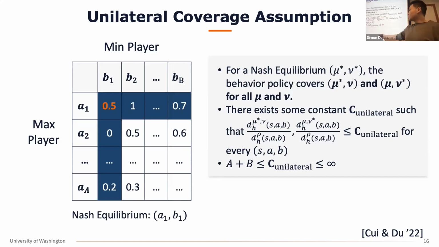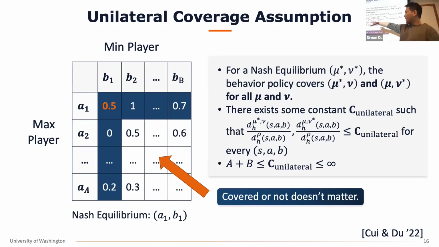If you do some calculation, because this holds for all mu and nu, this C unilateral is at least A plus B. So it's actually bigger than what you need for a single agent setting, and this is structurally different. And for the other actions, you don't need to cover them, so it's not the same as uniform coverage.